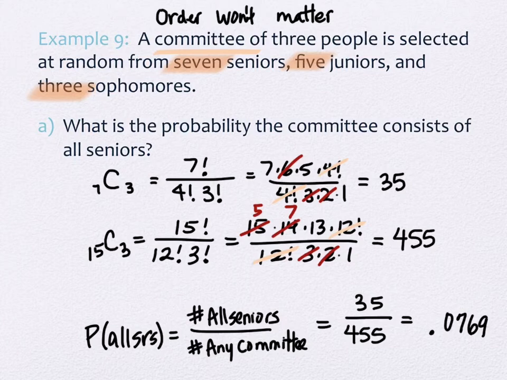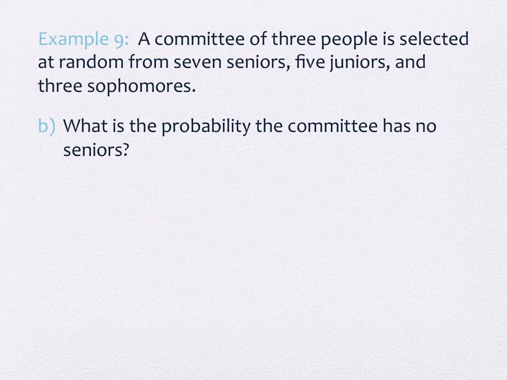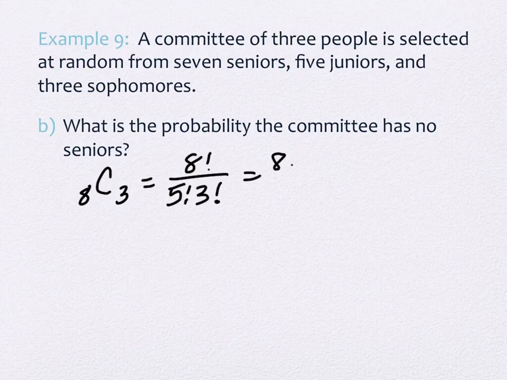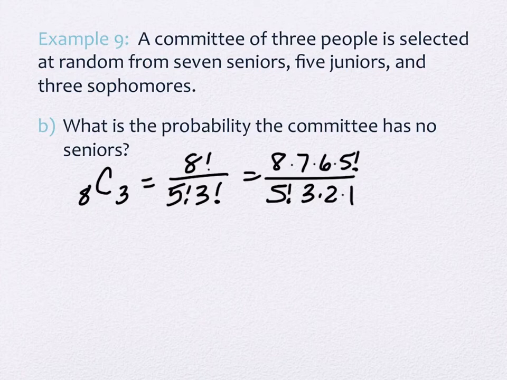All right, one tiny caveat on part. We'll just do this one really, really fast, I promise. This one says no seniors, probability of no seniors. So how many juniors and sophomores do I have to select from? 8. So I have 8C3. This is 8 factorial over 5 factorial, 3 factorial, 8, 7, 6, and 5 factorial. And then I have 3, 2, 1. Very, very similar, right? There's my 5 factorials. 2 and 3 is 6.